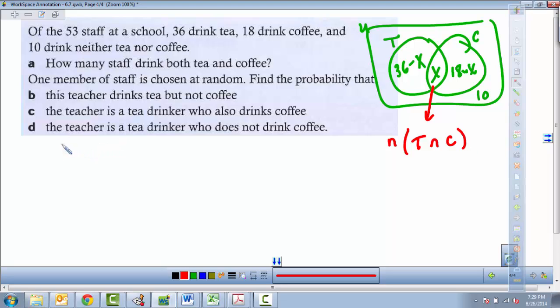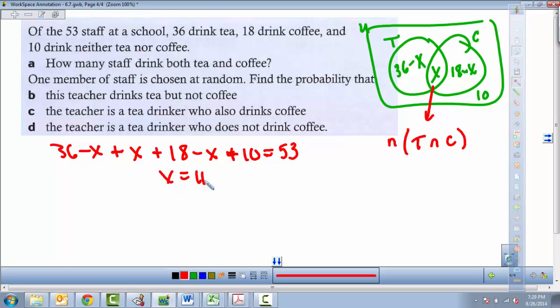So, writing this down, we have 36 minus x plus 18 minus x plus 10 equals 53. And solving this, we end up with x equals 11.